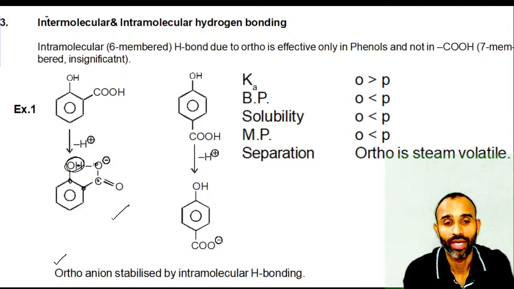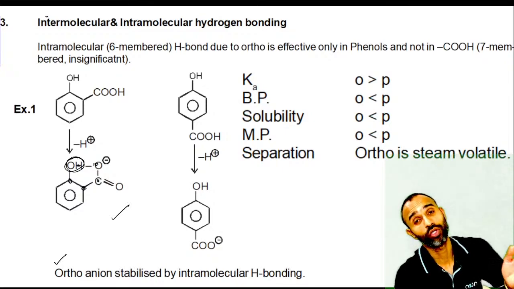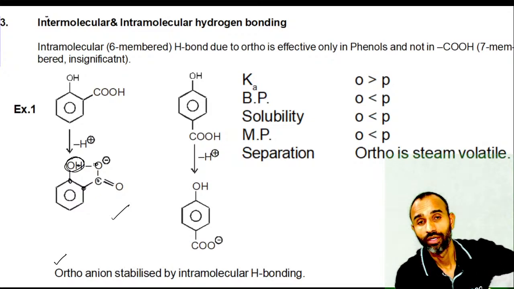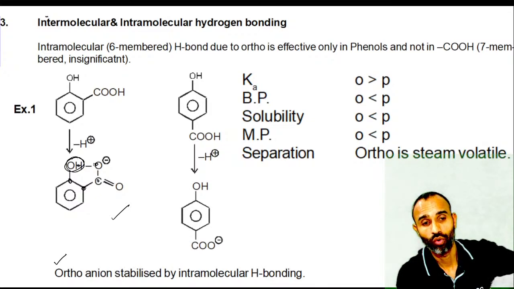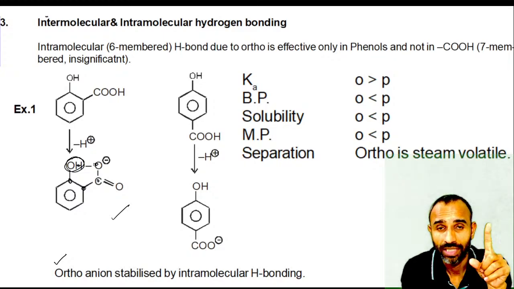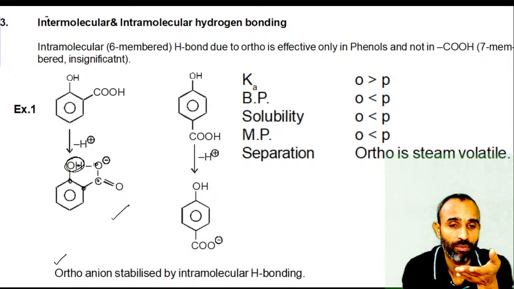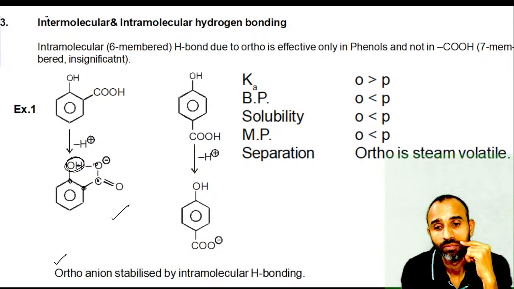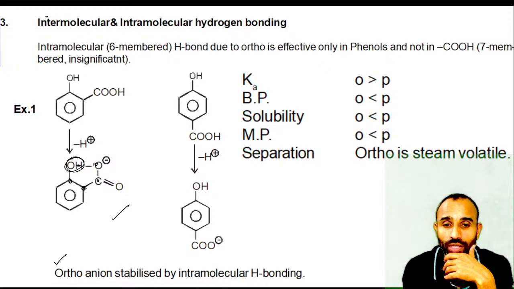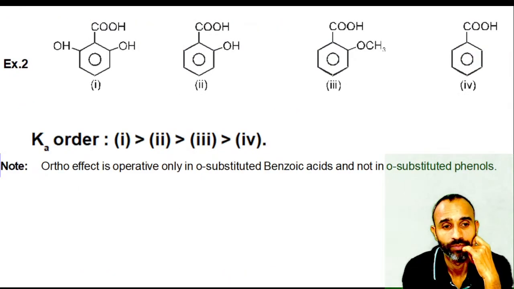So that's why Ka value of ortho is greater than para, but boiling point of ortho is less than para, because in case of ortho, that is stabilized on its own, and that's why its boiling point decreases, even solubility decreases, melting point decreases, and we can separate them by steam, because they are steam volatile. Ortho is steam volatile.